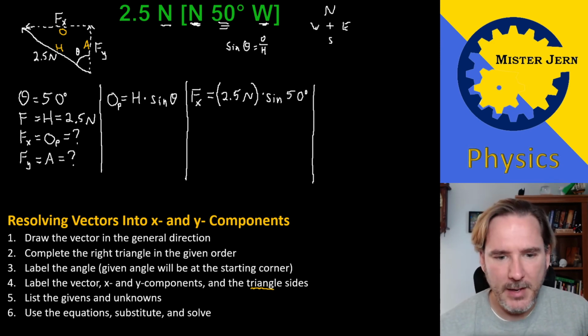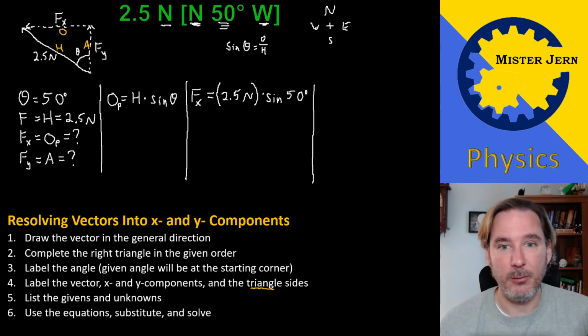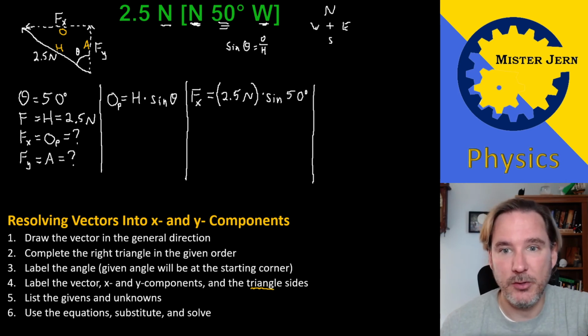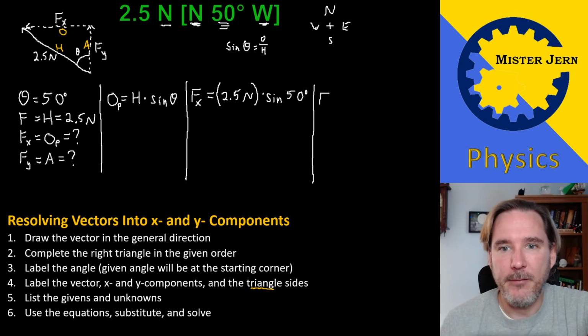I just want to make sure that we're okay so far. What we've done up to this point is pretty standard. And now we plug it into our calculator, as you should know how to do by now. When we do that, we find that F in the x direction, or the x component of our force, which is accurate, will be, I'm just going to round it to 1.9 newtons.